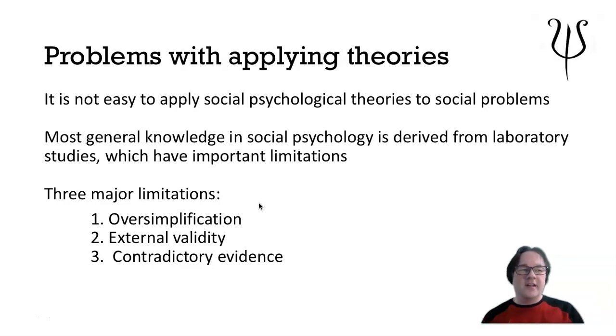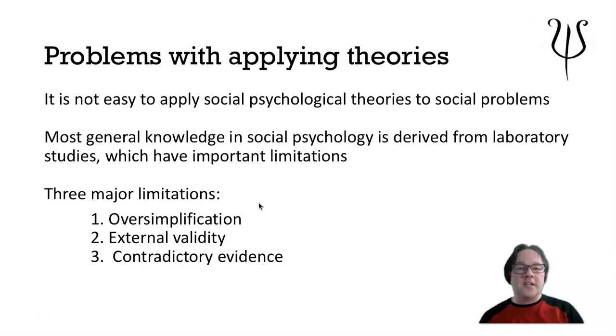Sometimes it's not clear that a social problem actually has a potential social psychological cause or aspect to it. So again, for this class, that's pretty much what we're going to be focusing on: the social problems that exist out there, and we're going to be examining the potential social psychological elements to those problems.